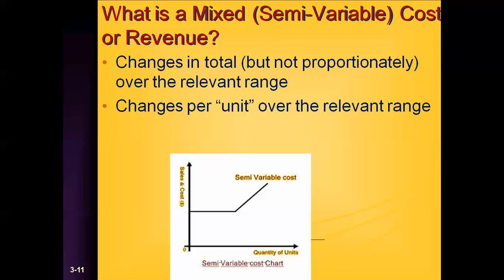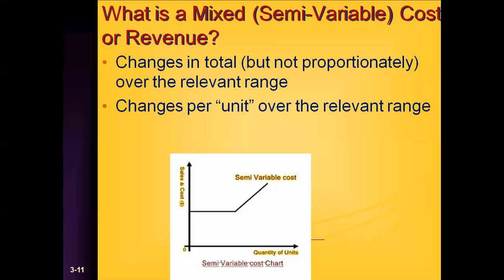And this is an example on this particular chart. As you can see on the y-axis, costs tend to be relatively flat over a given period or a given number of units, and then, as you can see, there's almost like a step function where those costs increase over another set of units.